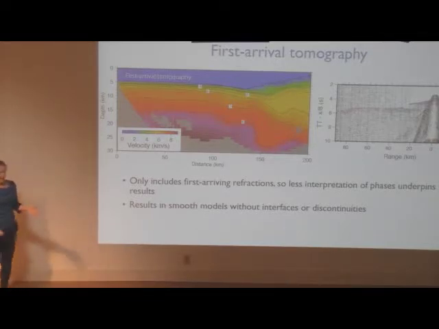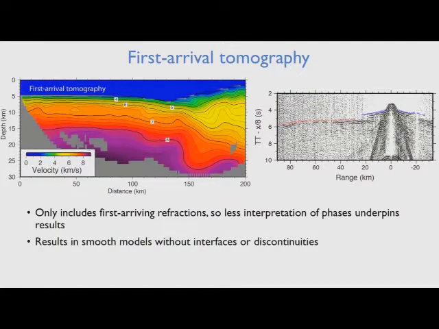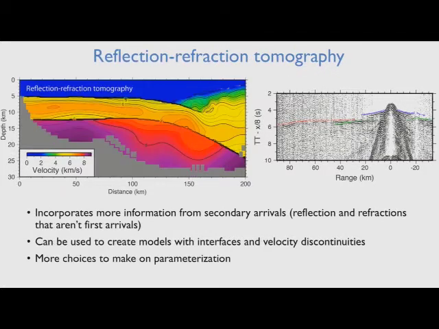Now, if we do the exact same thing, but include reflections, in particular information from coincident seismic reflection data on boundaries, and also from PMP, this reflection that we can sort of see back here, then we get this. Now, instead of smooth changes in velocity, we have big jumps in velocity at various boundaries.